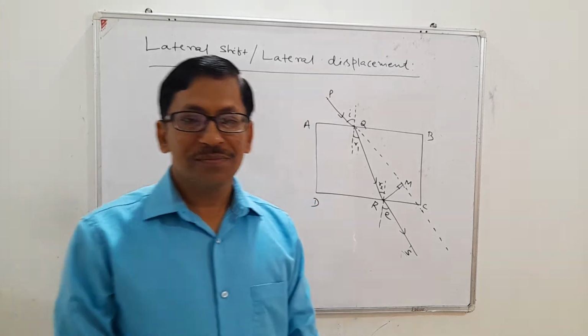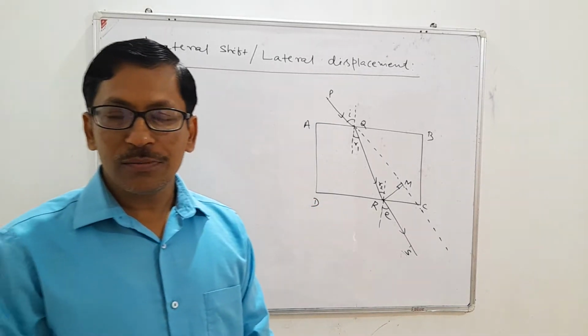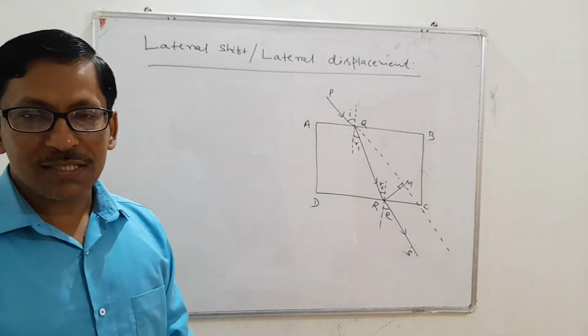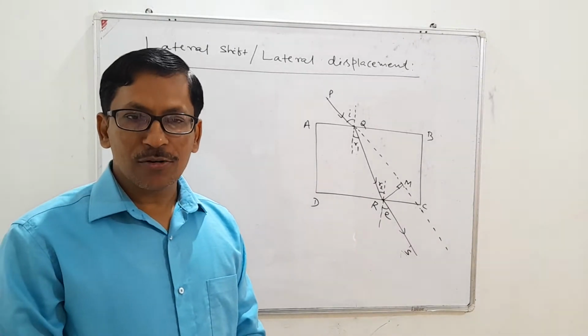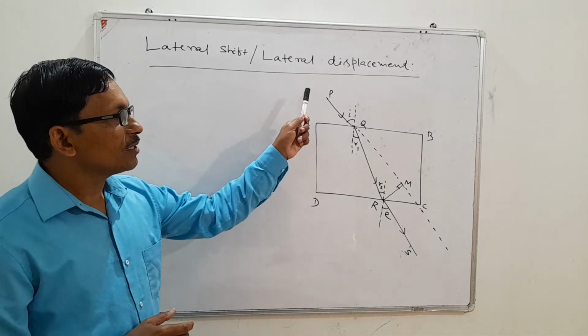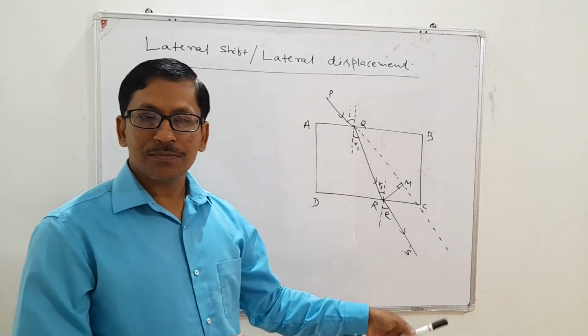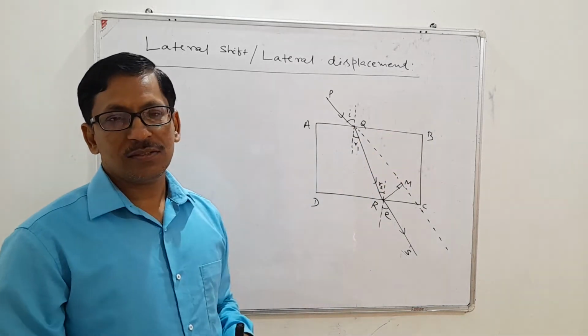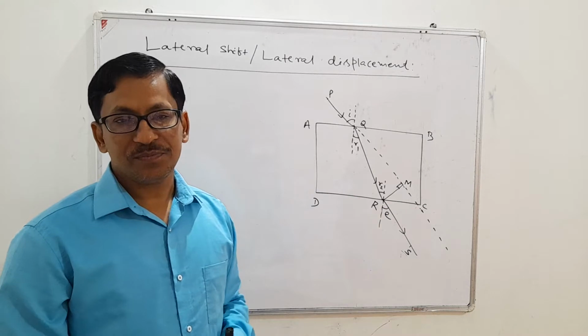Dear students, in my last video I discussed how refraction takes place through a rectangular glass slab. You have seen that when a ray of light passes through the glass slab, it is shifted sideways, or laterally shifted.